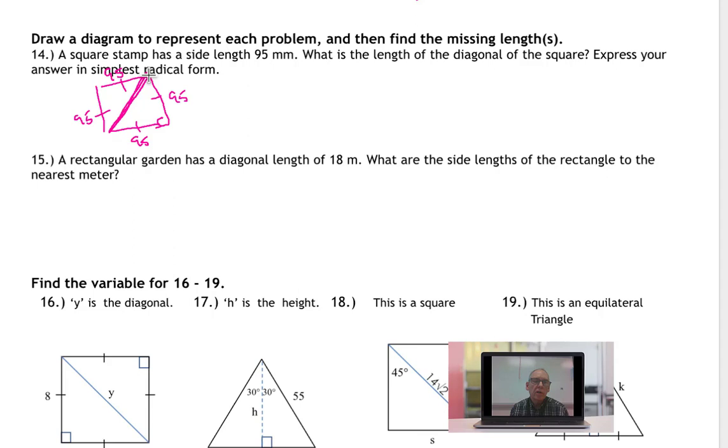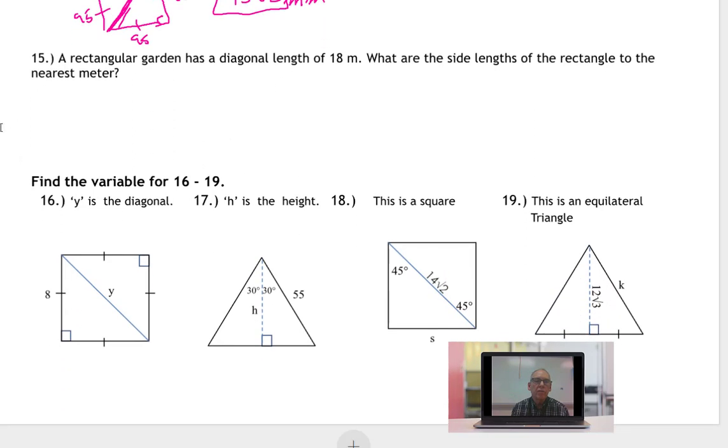Since this is a square, this diagonal sets up a 45, 45, 90 triangle. And in a 45, 45, 90, the hypotenuse is root 2 times the side length. So 95 root 2 is going to be the length, in millimeters.